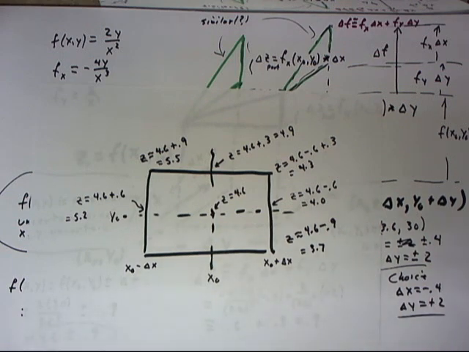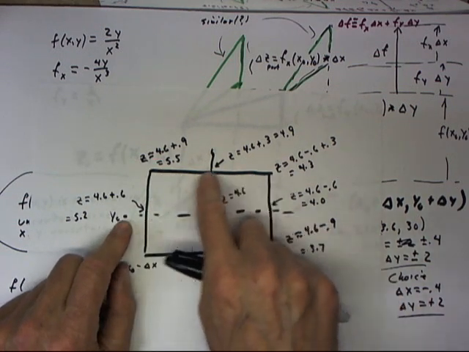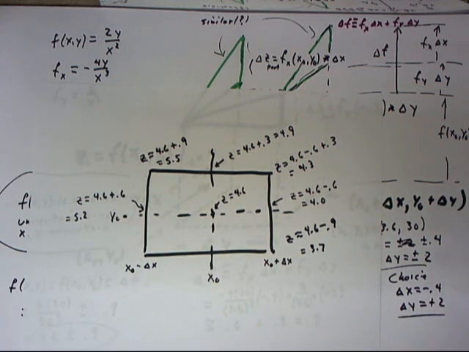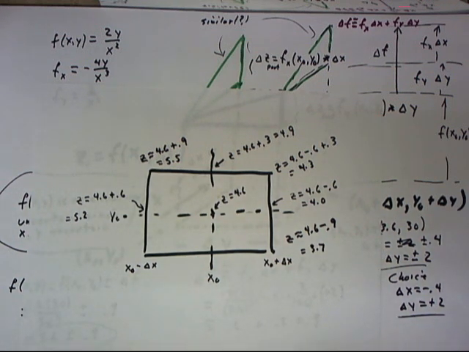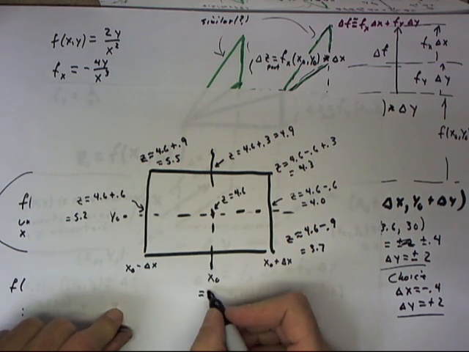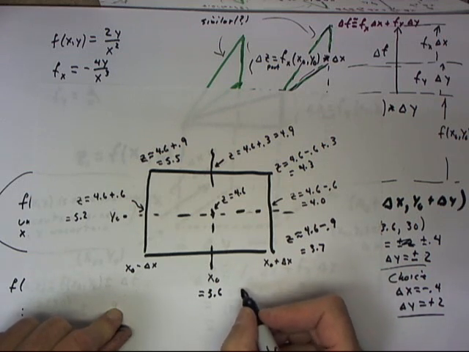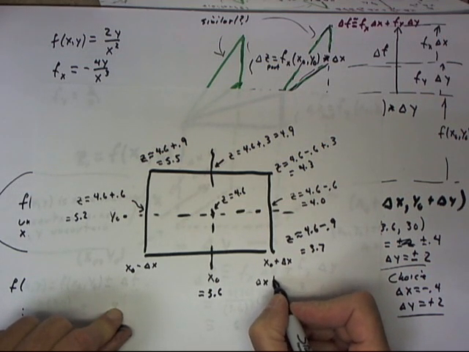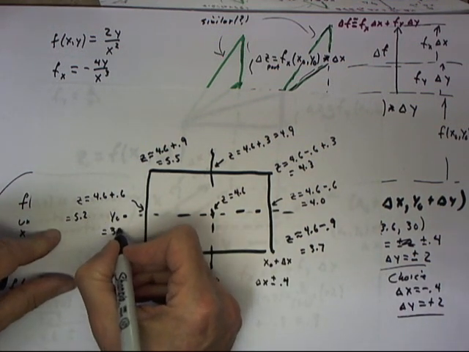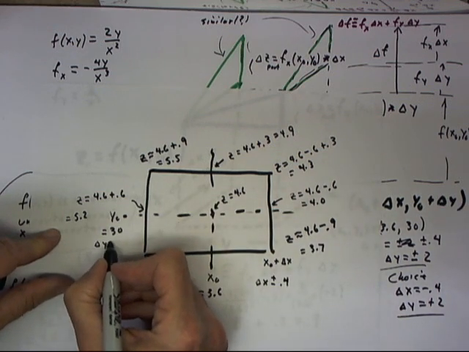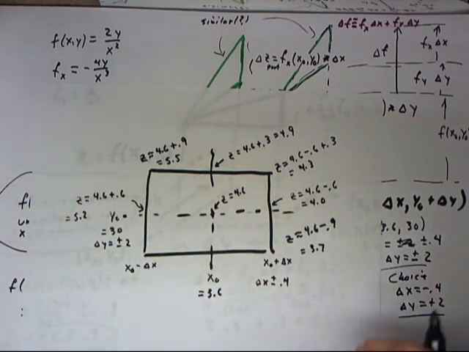Our maximum value of z for x, y values in this region corresponding to the observation that x0 is 3.6, delta x plus or minus 0.4, y0 equals 30, delta y plus or minus 2, is this picture.